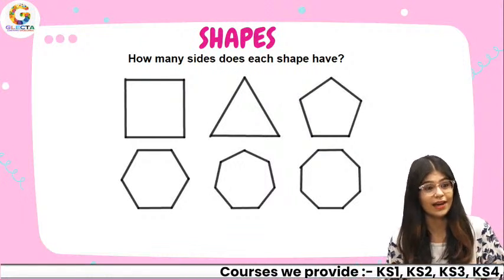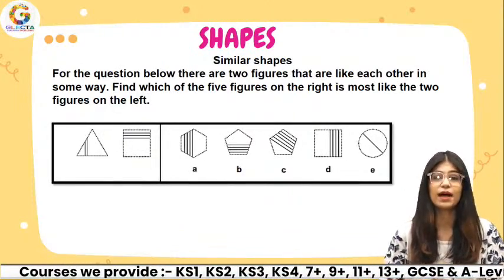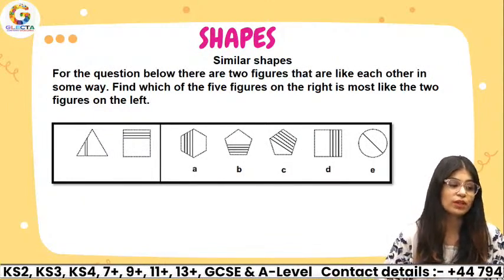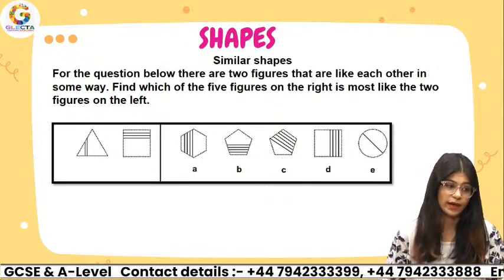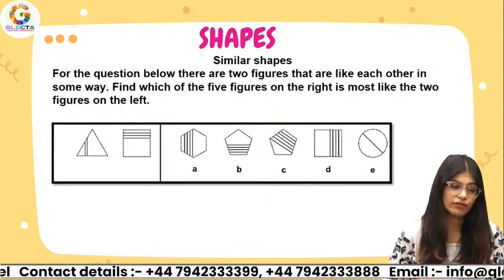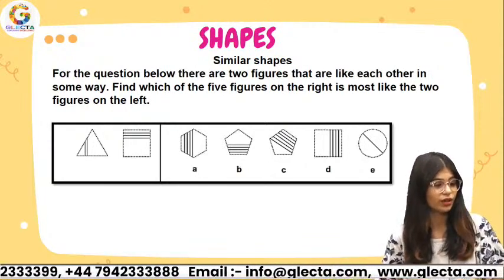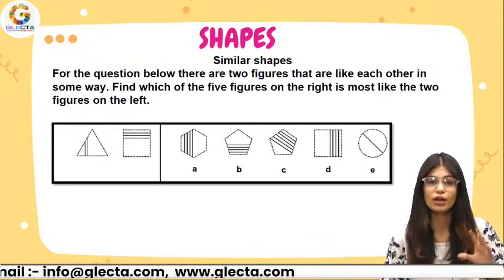Now let's see that. To see that, there's your first question that is about similar shapes. The question says, for the question below, there are 2 figures that are like each other in some way. Find which of the 5 figures on the right is the most like the 2 figures on the left. So let's try and find out the similarity on the figures on the left.